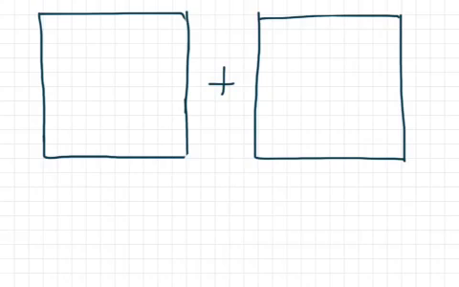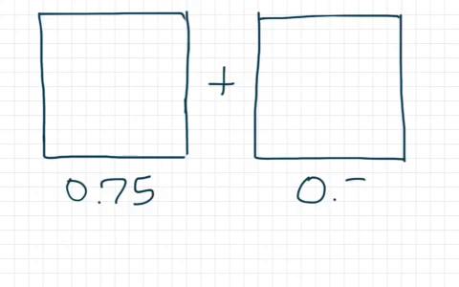In Activity 1B, we're asked to use the same for hundredths. We want them to total 1. I know that 0.75 or 75 hundredths plus 25 hundredths equals 1.